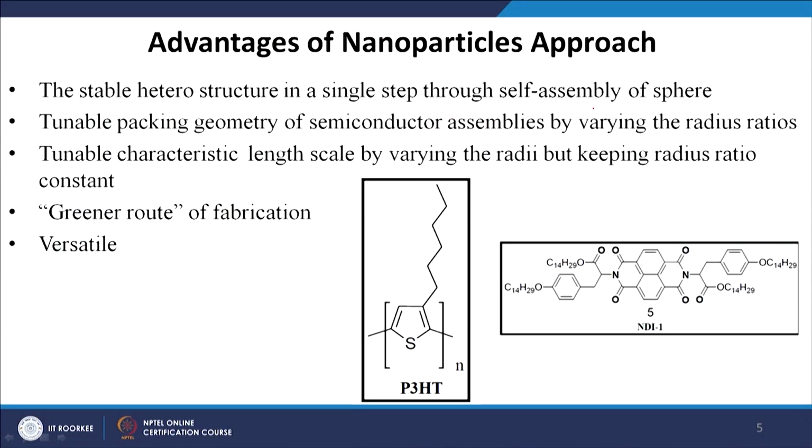All of these things contribute to defined self assembly, and in each case we will get a very stable nanostructure. A stable heterostructure can be obtained in a single step through self assembly of spheres in an inorganic system: tunable packing geometry of semiconductor assemblies by varying the radius ratio.